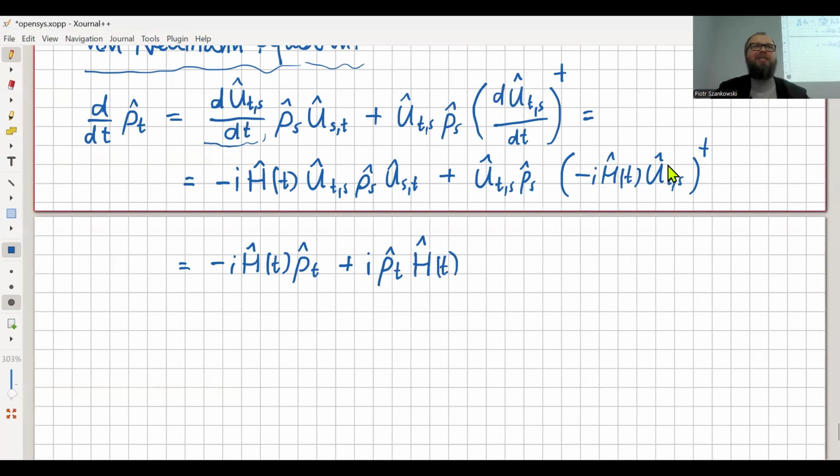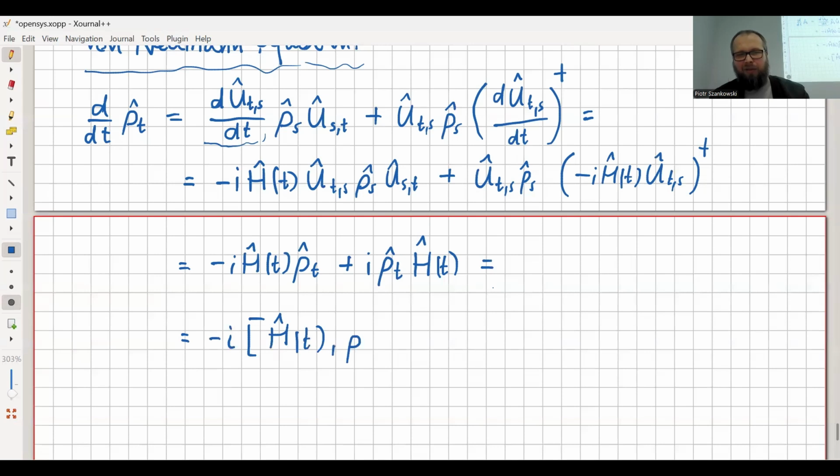U daggered just changes into U from S to T, but it acts on rho_S, so you recreate rho of t. But H stays on the right side, which can be written as minus i and the commutator of H of t with rho of t. So this is the von Neumann equation.